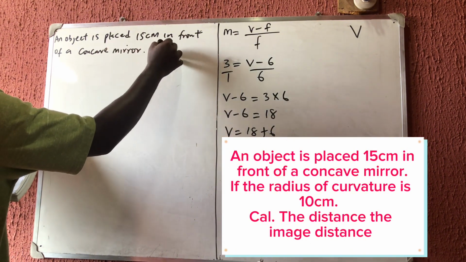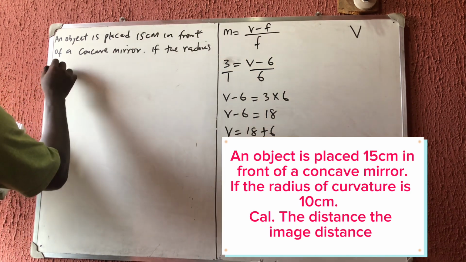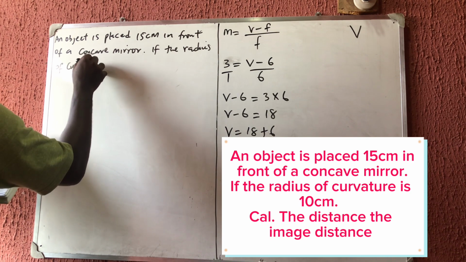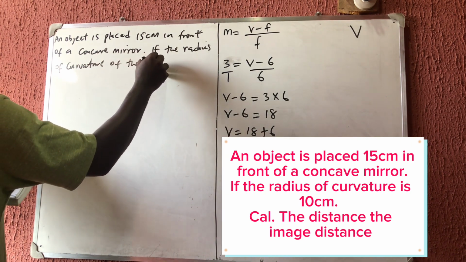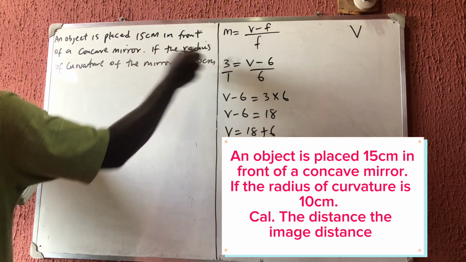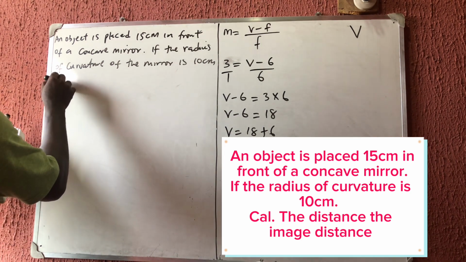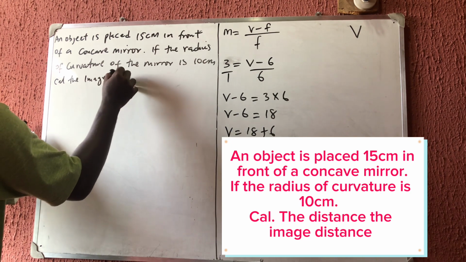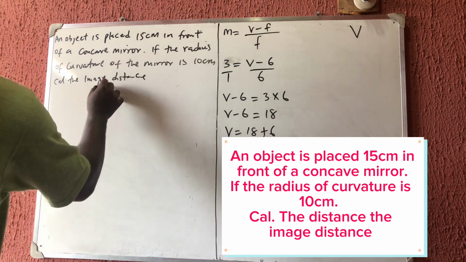Then the radius of curvature of the mirror is 10 cm. Calculate the image distance. Okay, solution.